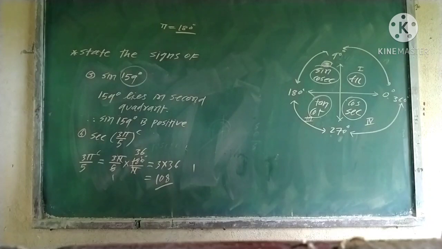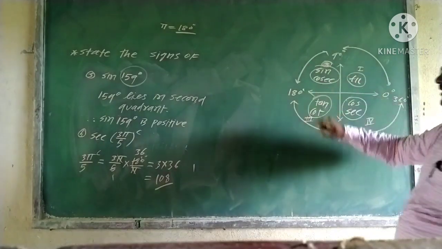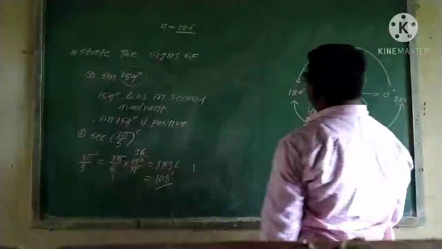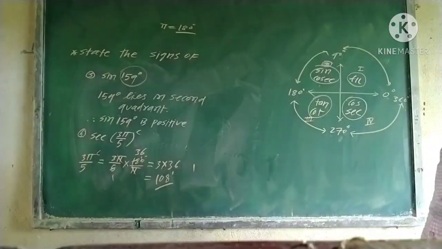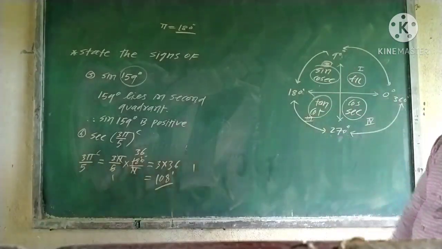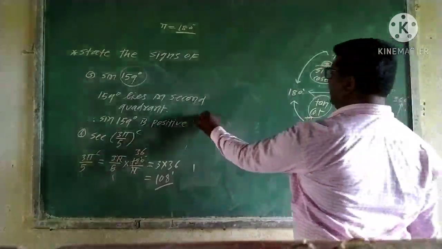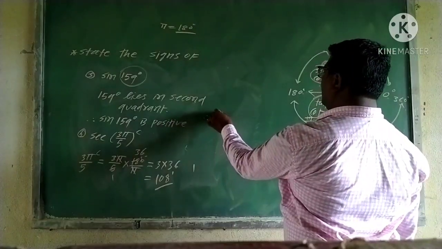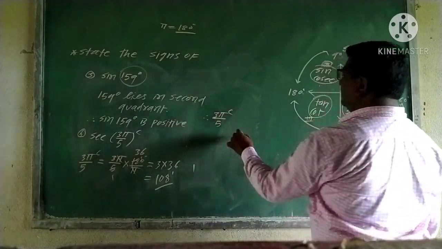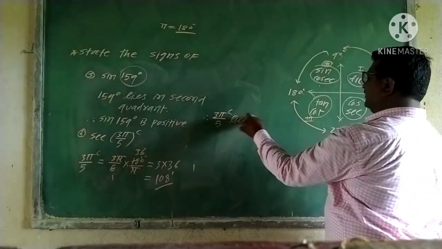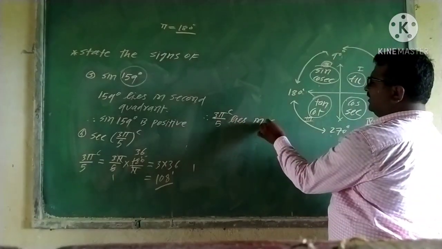And see here, 108 degree lies in the second quadrant, meaning between 90 and 180. So 3 pi upon 5 radian lies in the second quadrant.